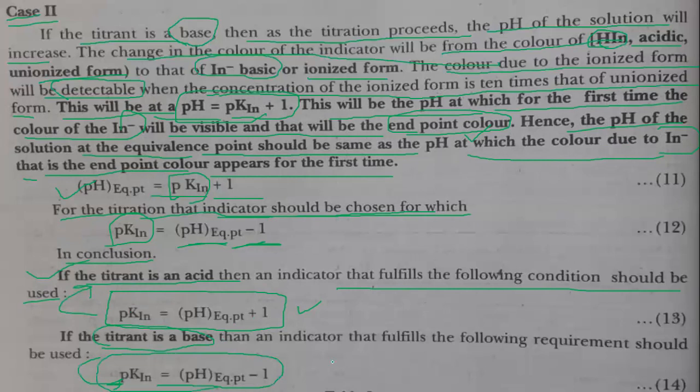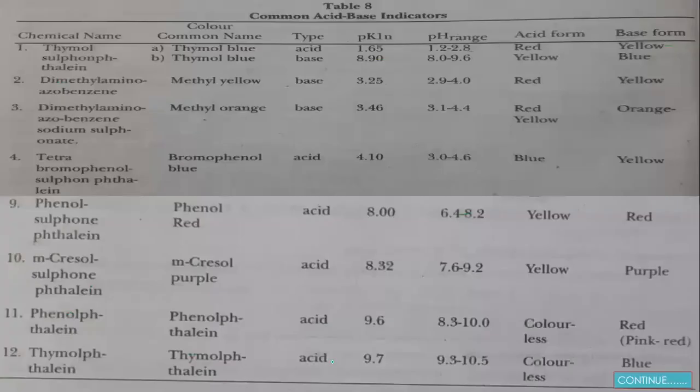Okay, now see, these are the indicators. Okay, so what happens? See, type where it is used, acid base type. Okay, what happens here? See, red color to yellow color, then yellow color to blue color. At the specific, what is the pKin value for this?